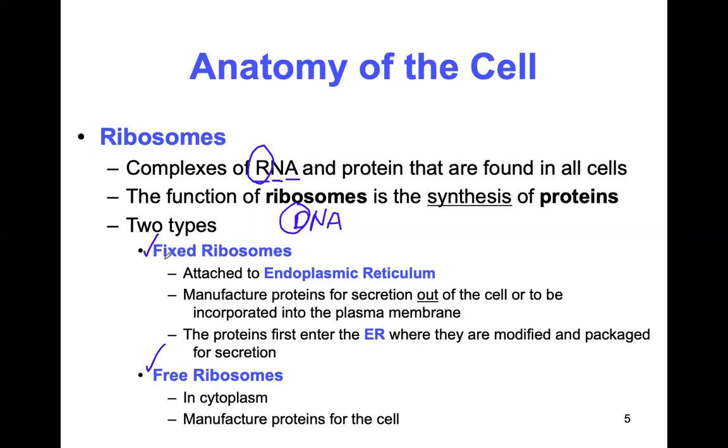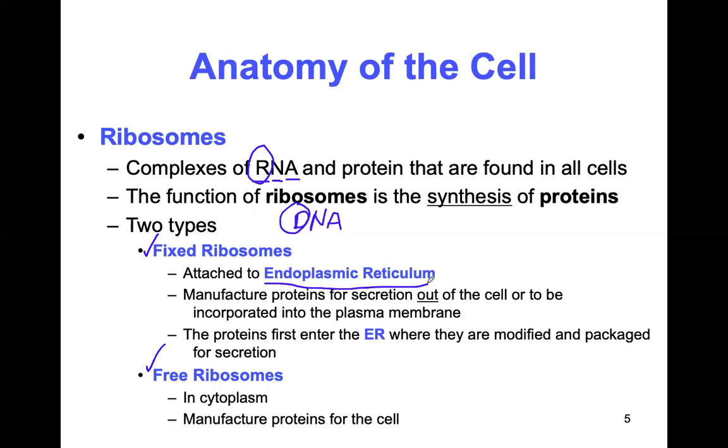Now, sometimes they're fixed ribosomes. Well, what are they fixed to? They're fixed to the endoplasmic reticulum. And if they're fixed to the endoplasmic reticulum, they can make proteins as well, but their job is to manufacture the proteins that are needed for secretion outside of the cell.